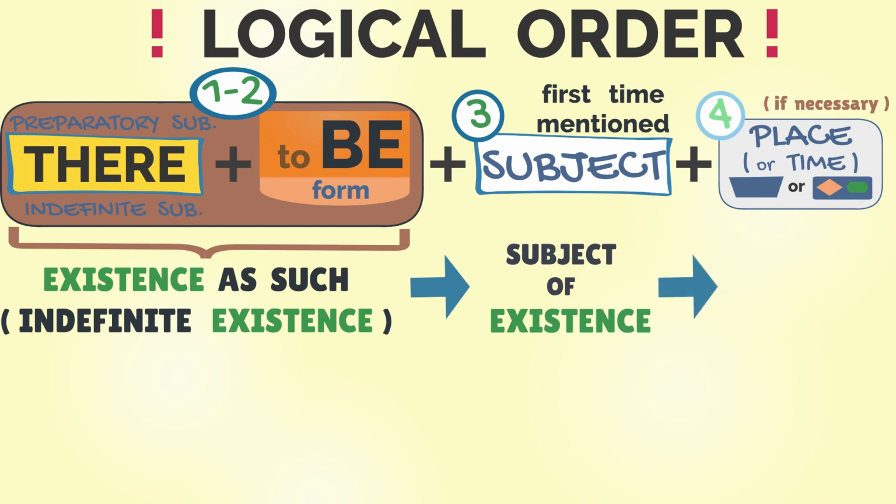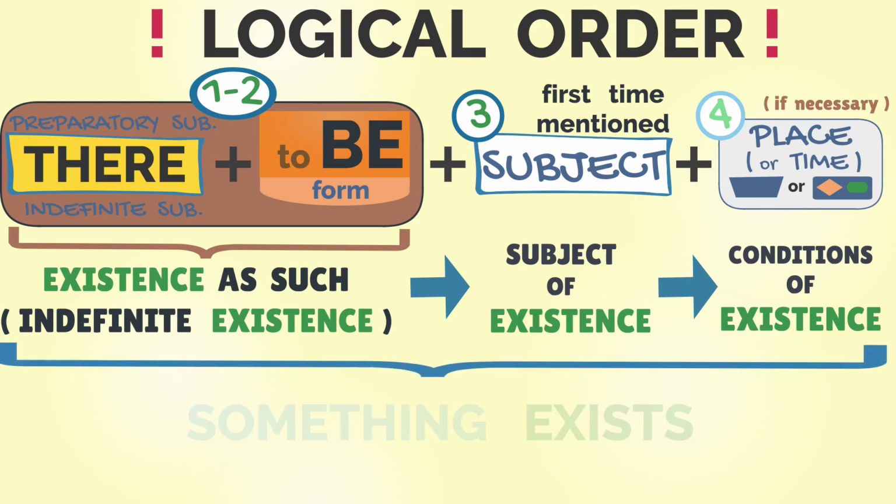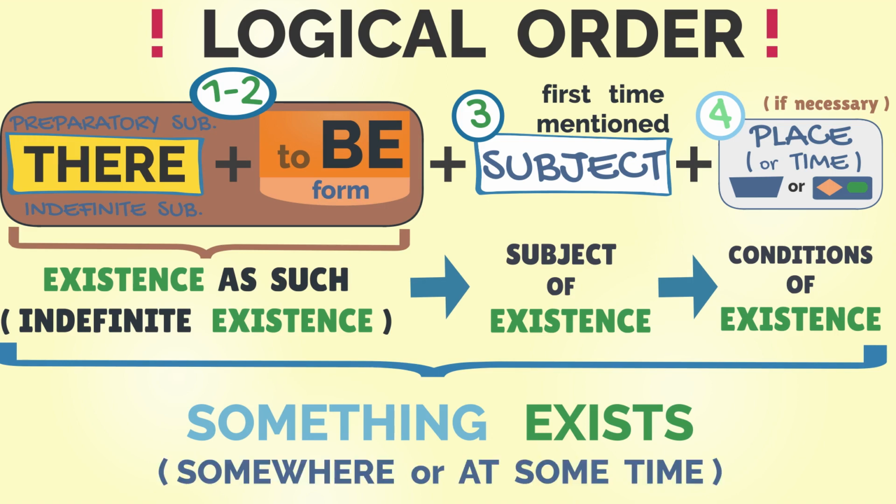The subject, if necessary, is followed by the conditions of existence, such as a certain place or time. So we use the form there plus to be to say that something exists somewhere or at some time.